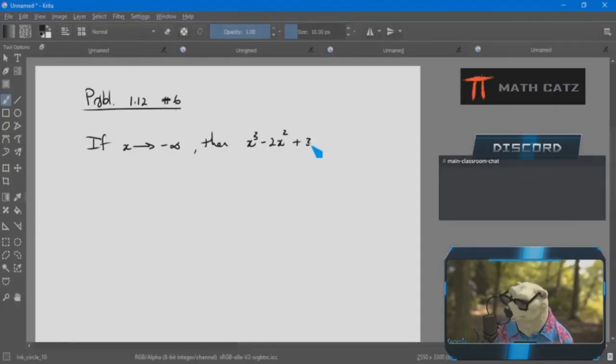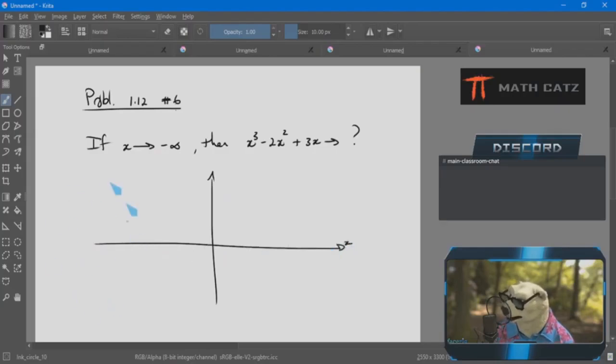All I need to know is that long term, which is what this negative infinity represents, long term to the left, the polynomial behaves like its leading term, which in this case is just x cubed. So for a very large negative number, what does x cubed do? Well, that's 3 of them multiplied together, so it's definitely going to be an infinity.